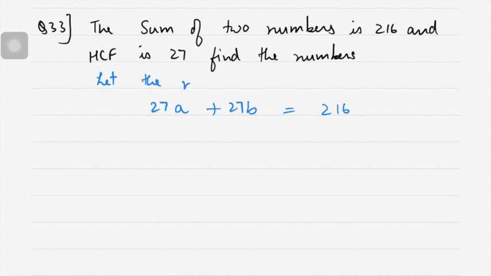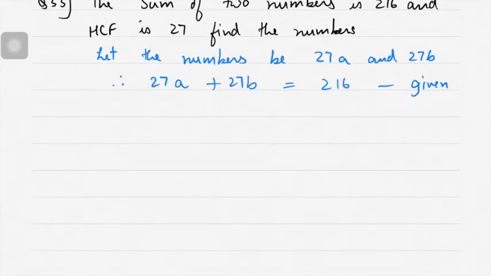So let's add one sentence: Let the numbers be 27A and 27B. Therefore 27A plus 27B is equal to 216. This is given. Right? Now let's solve this equation.